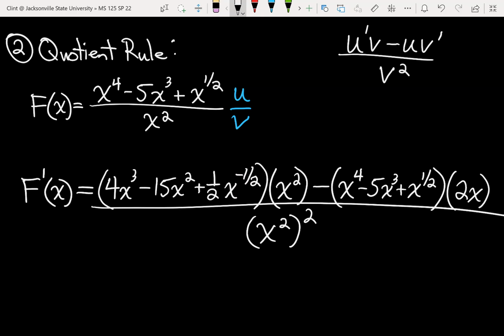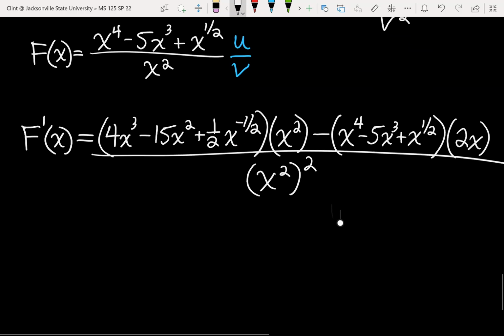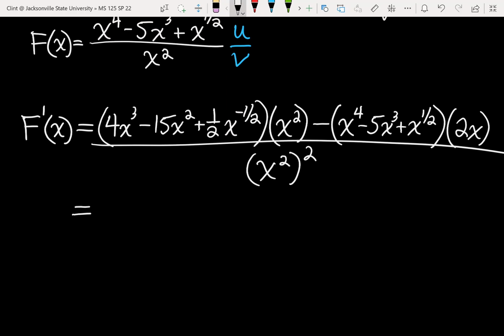That's kind of looking like a monster right now.